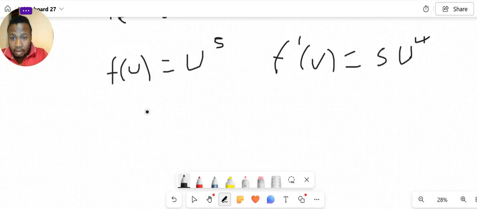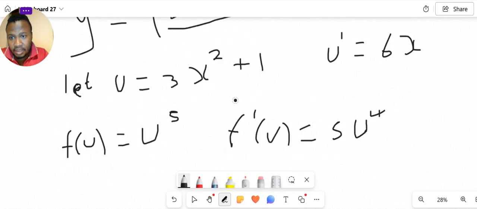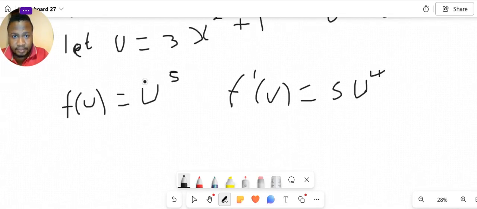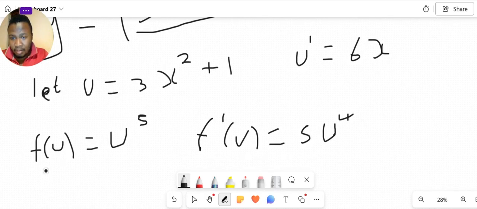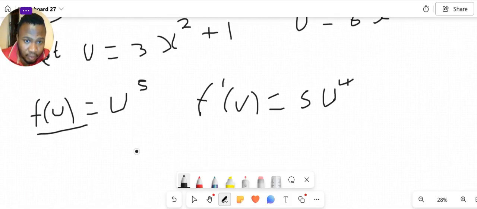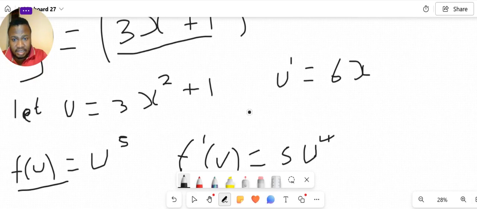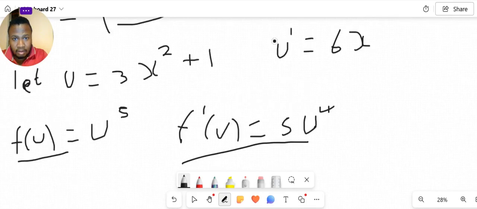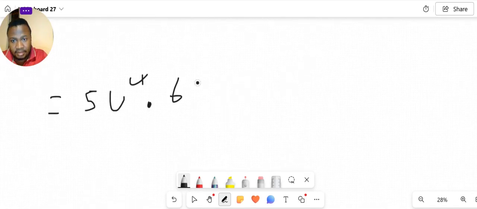Okay. Now the next thing is, I'll say this is equal to the derivative of the outer function, f prime of u, which is 5u to the power 4, multiplied by the derivative of the inner function, which is u prime, which is 6x.